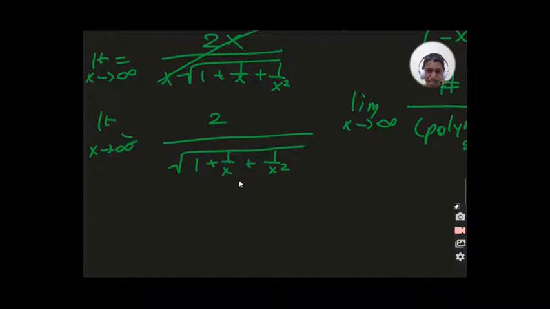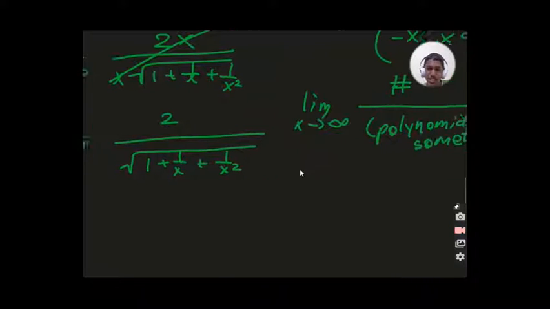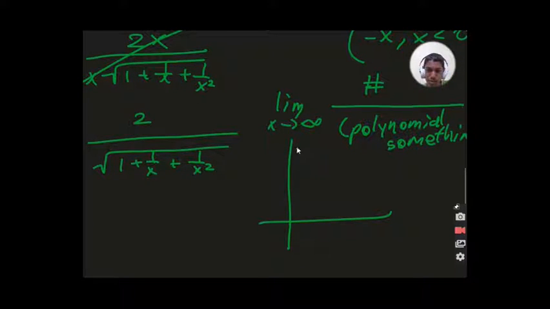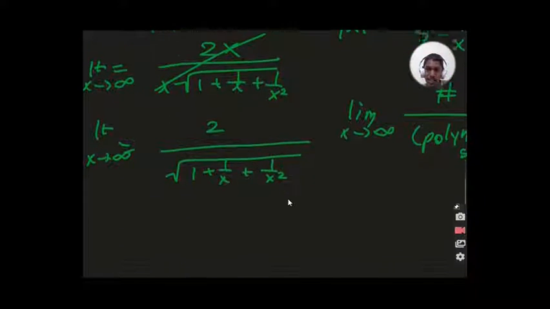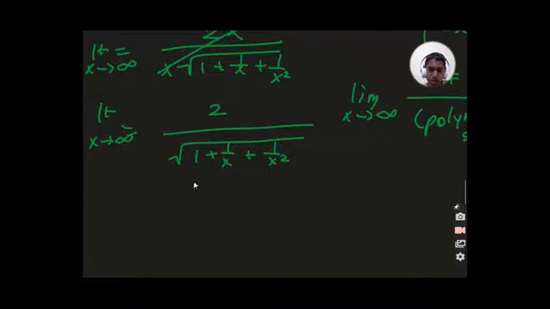The reason is, with 1 over x, you're getting smaller and smaller and smaller. The graph might look like this, and it's just going to approach 0. A similar case holds for 1 over x squared, or in general, any polynomial. So that means this will approach 0, and that will approach 0.